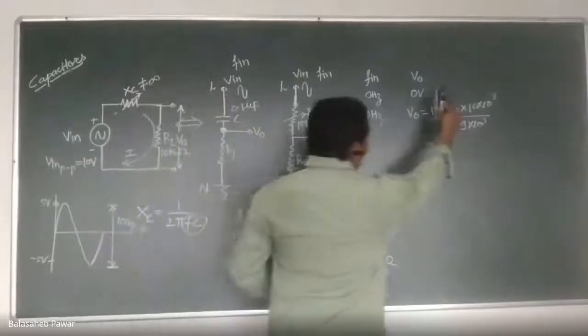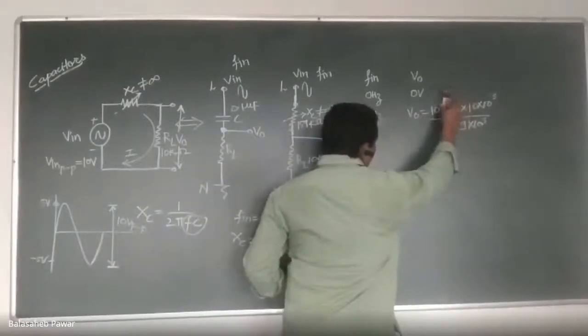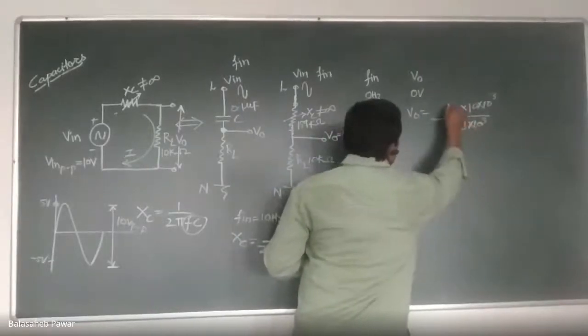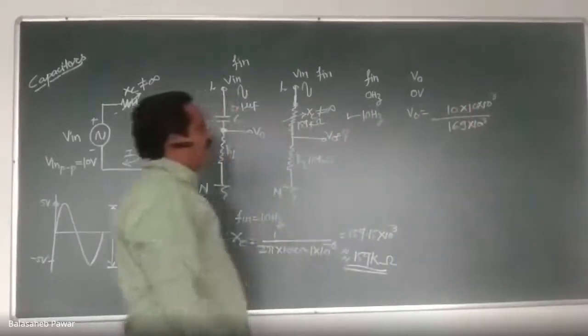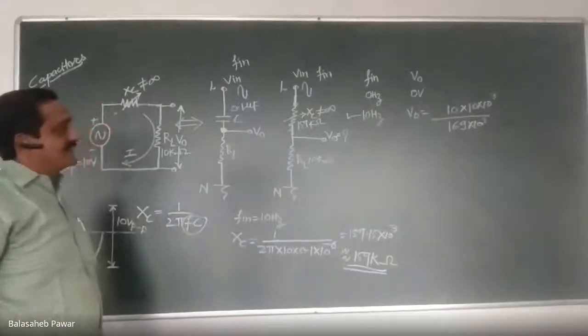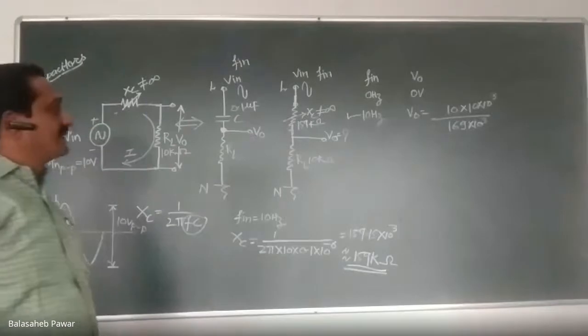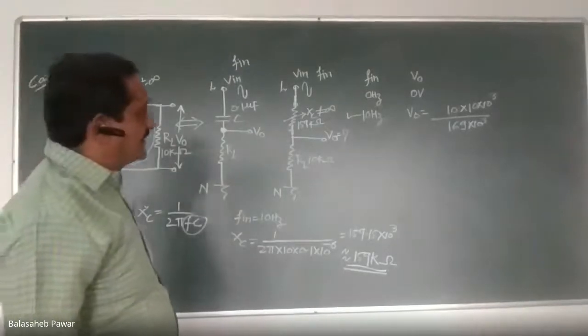Instead of writing volt peak to peak, if you are getting confused, just note down the value, that is 10. So 10 into 10 raised to plus 3 divided by 169 into 10 raised to plus 3. So how much is the answer?